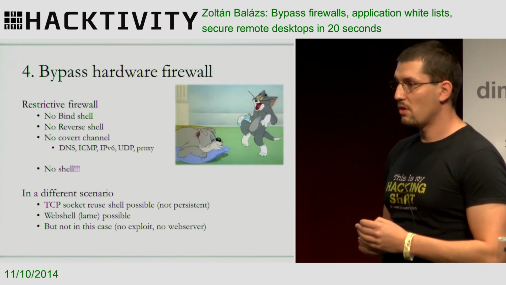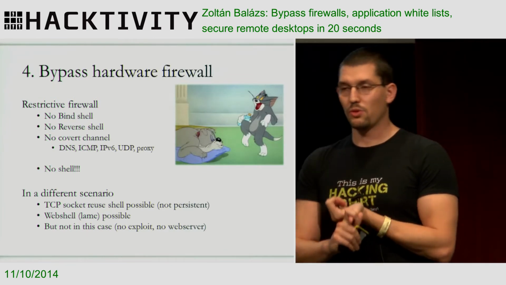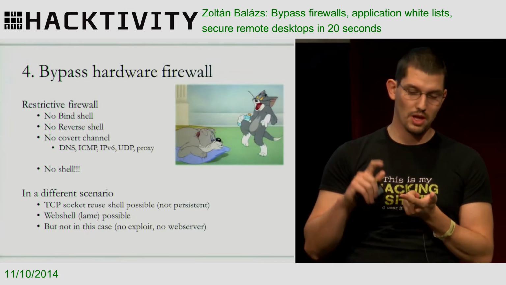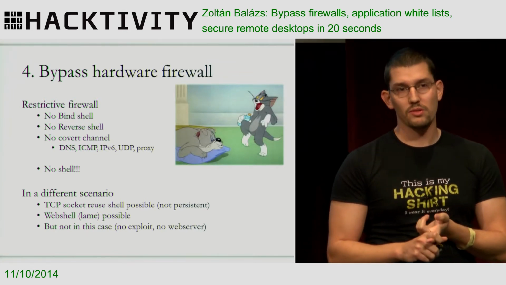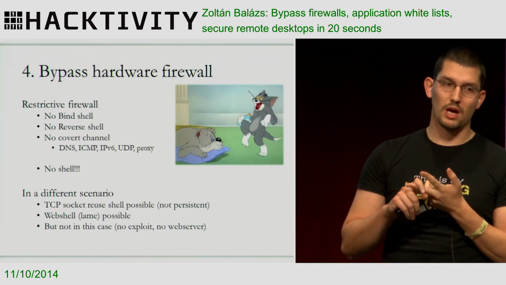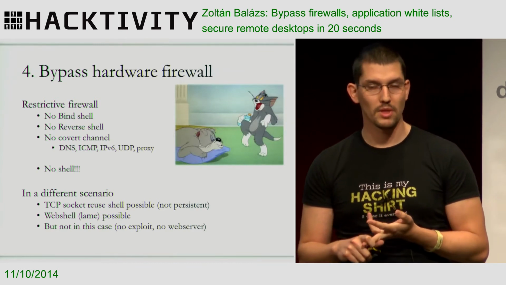Okay, so fourth step. I was able to upload my malware in the first step to the RDP server. I was able to bypass the whitelist, and I was able to escalate the privileges from user to admin.